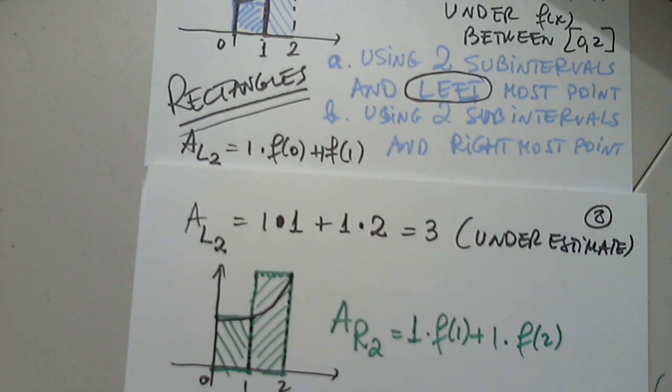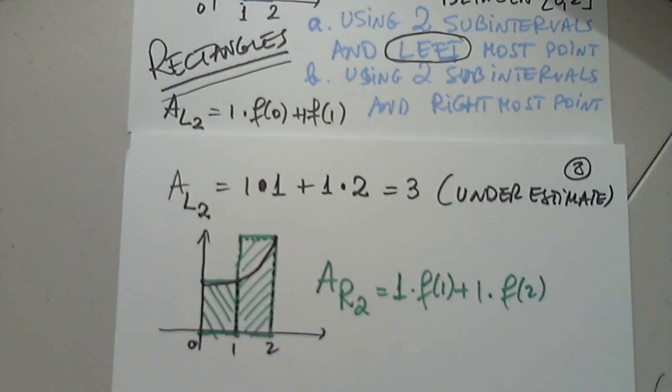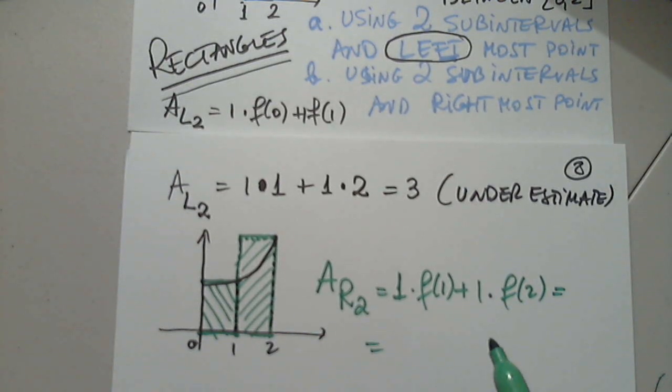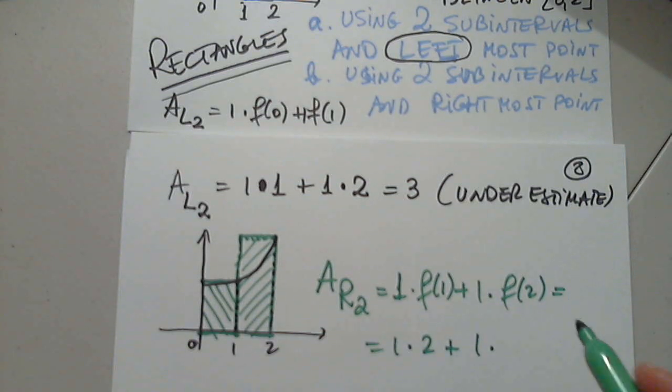Will this be an underestimate or an overestimate of the correct area? So this is 1 times 2 plus 1 times 2 times 2 is 4 plus 1 is 5. So this will be 2 plus 5 equals 7.